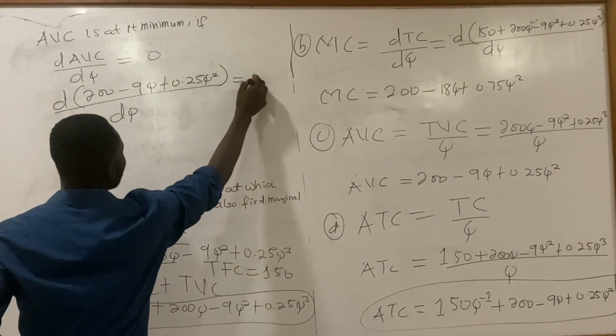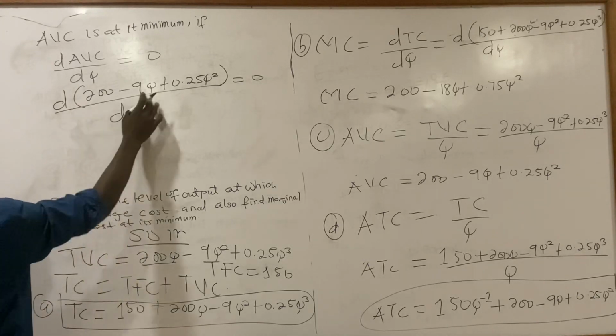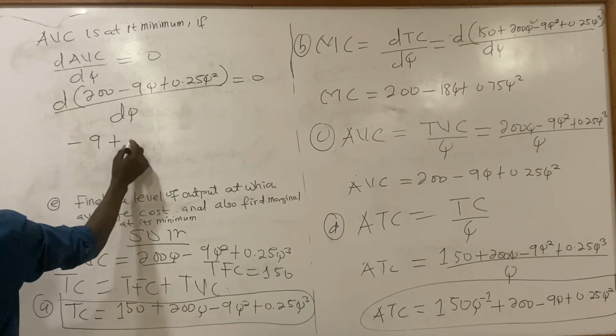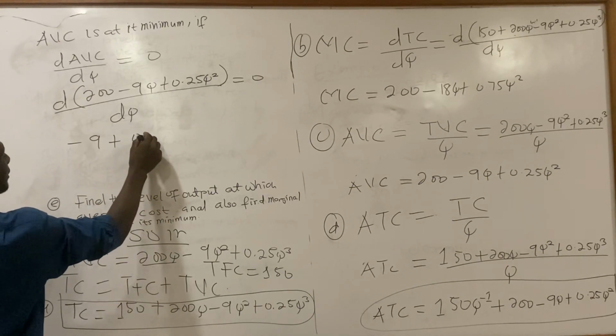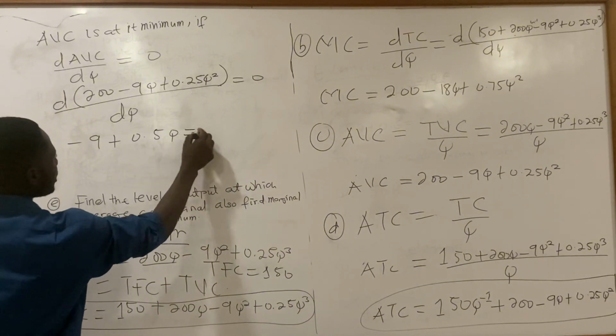When you differentiate this, you should get 0. So we differentiate this, we get minus 9 plus 0.5q should be equal to 0.